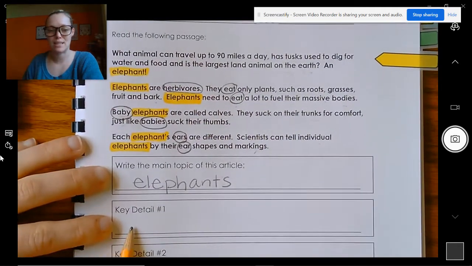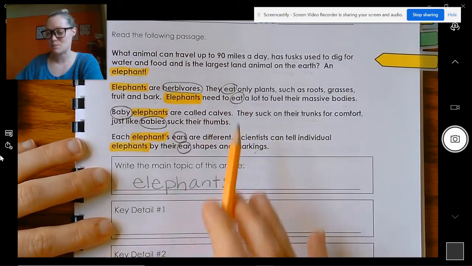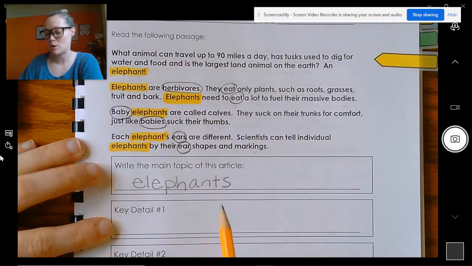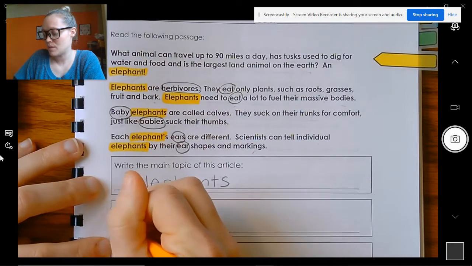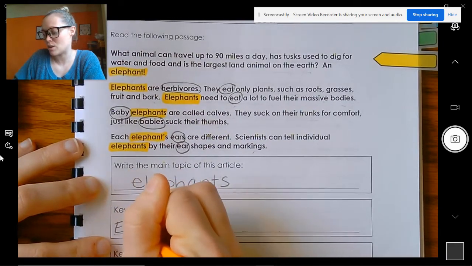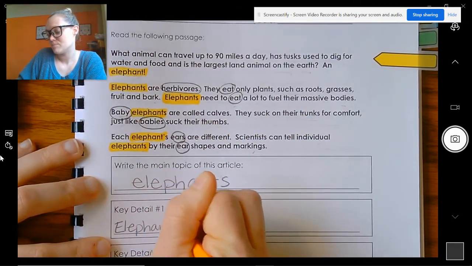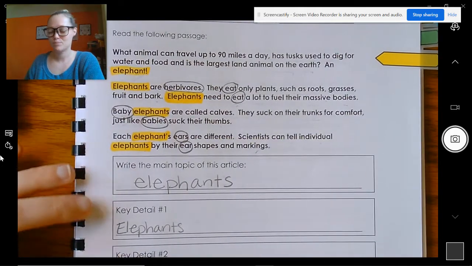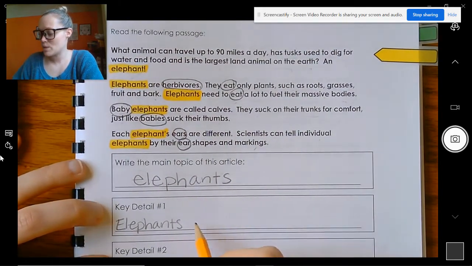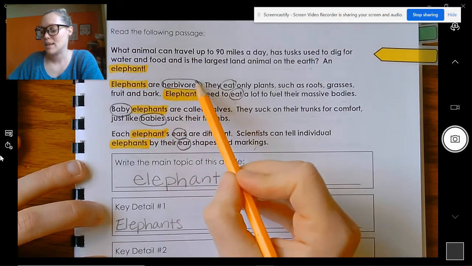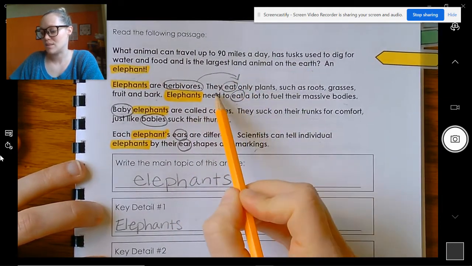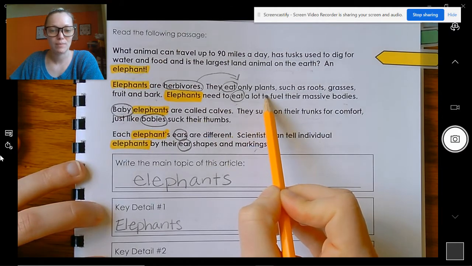So down in my key detail, it's going to be about what they eat because that's what this whole section is about. So I'm going to write elephants, and I'd like you to write along with me. Elephants. And I'm going to combine these two. So herbivores is this. They only eat plants.